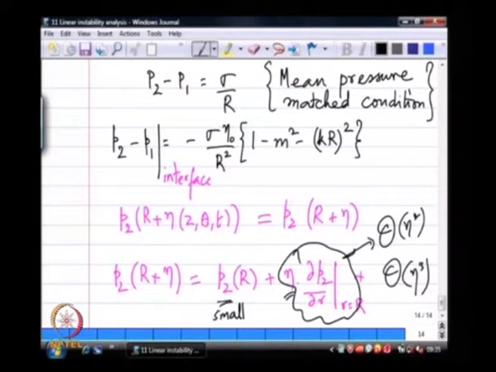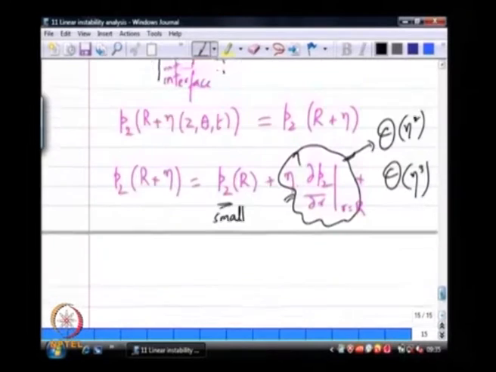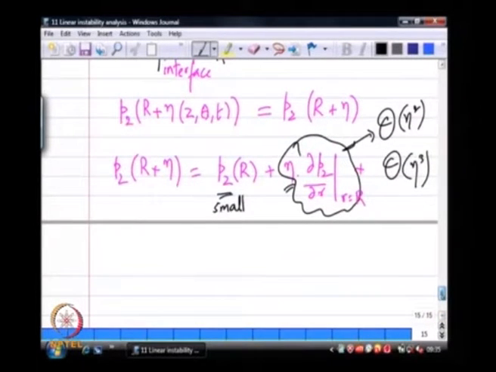So, to the order into which we are maintaining the fidelity of our equations, which is order epsilon, the pressure field at R plus eta is equal to the pressure field at R, especially since we are only dealing with the perturbation pressure field.